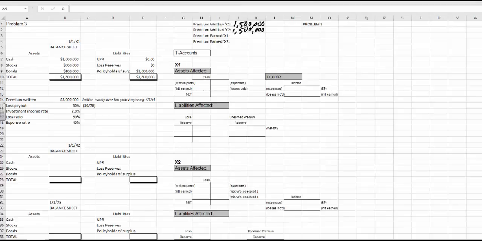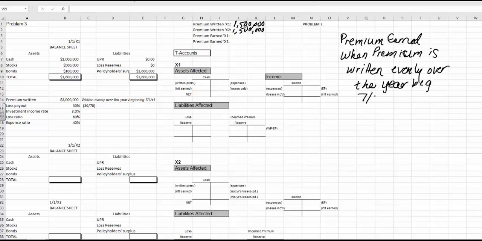So let me show you the exact formula for calculating premium earned. This is premium earned when premium is written evenly over the year beginning 7/15x1. The fractions are, for year 1, 1/8 of the total premium written for both years, in this case $3 million. 1/8 earns.